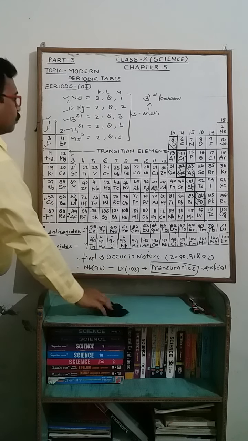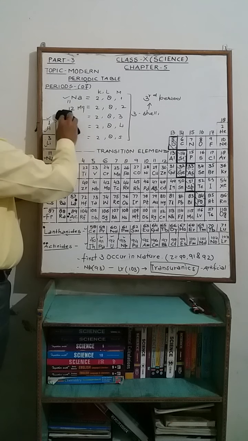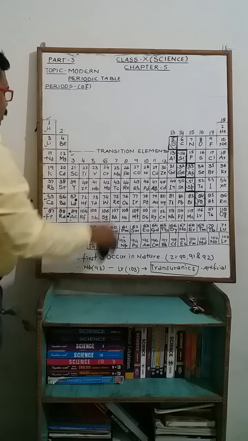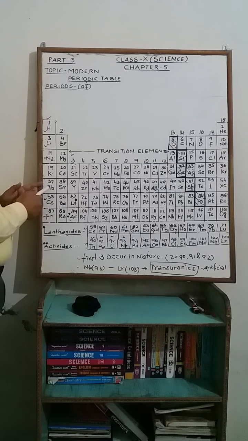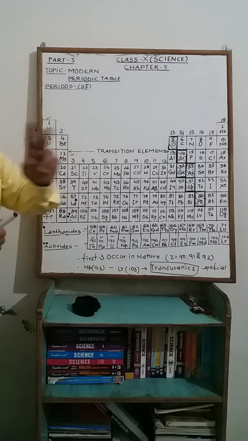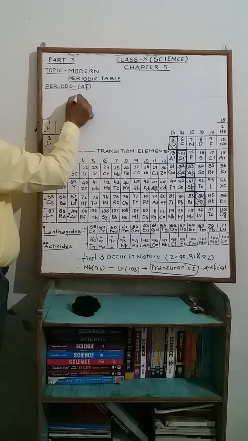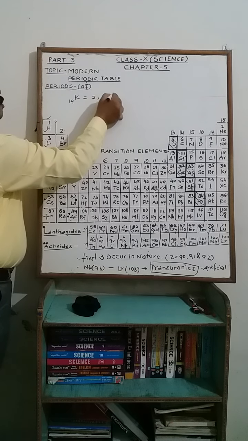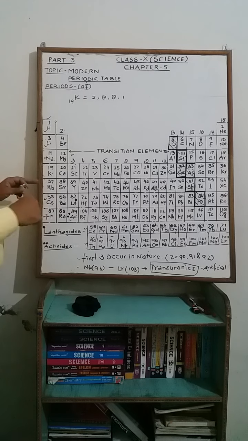Likewise, fourth period. How many shells would be there in fourth period? Fourth period means fourth shell, potassium, 19, 2, 8, 8, 1. Next, rubidium, fifth period, that means 5 shell.